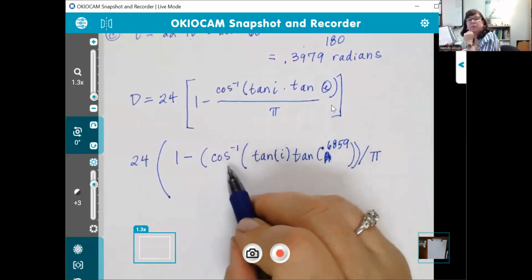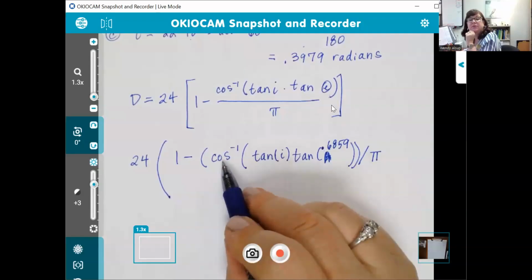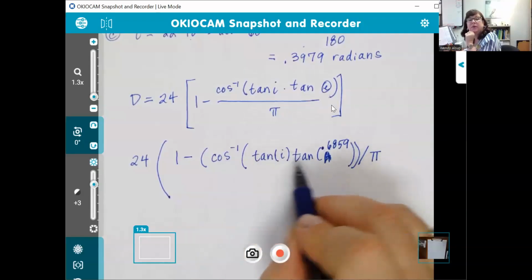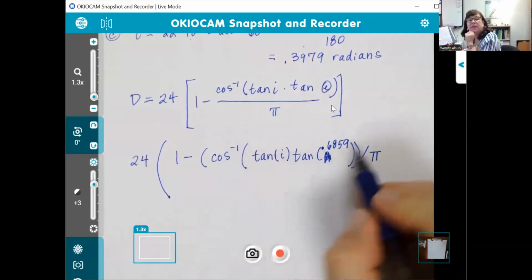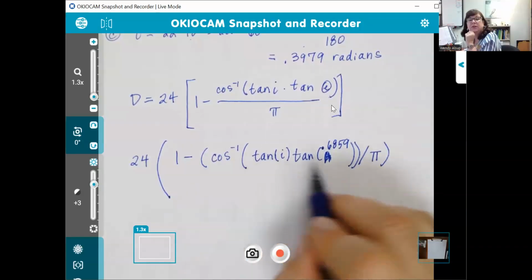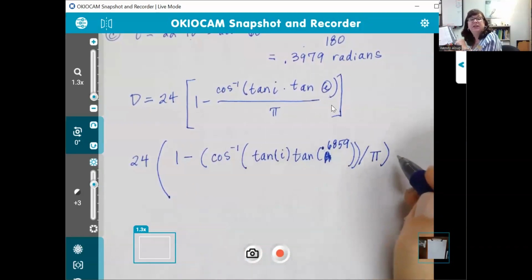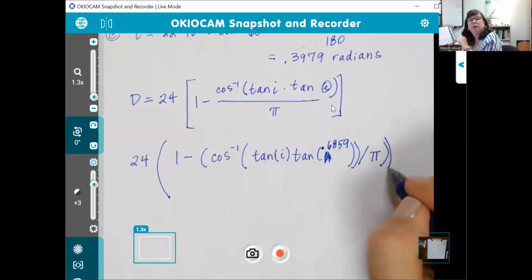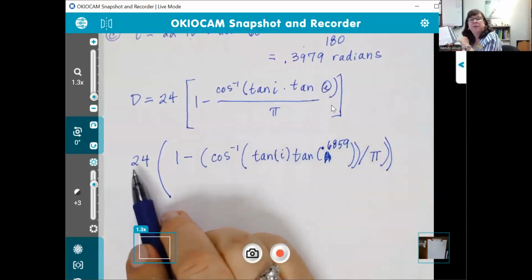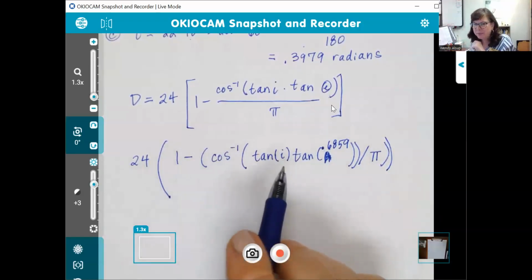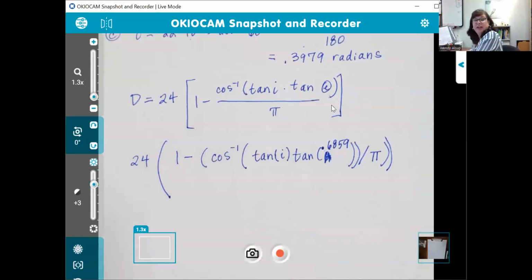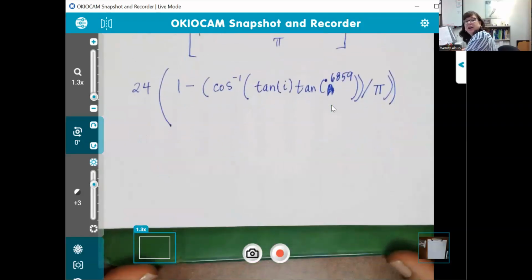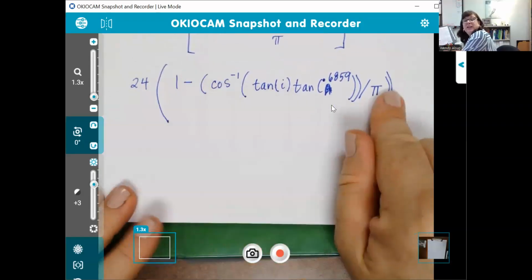So that whole thing, the cosine of all of that, will be one thing. I think that should be good. I might need one more by the 24. I think that should be right for my parentheses, but your calculator is super good at telling you that you don't have enough parentheses.